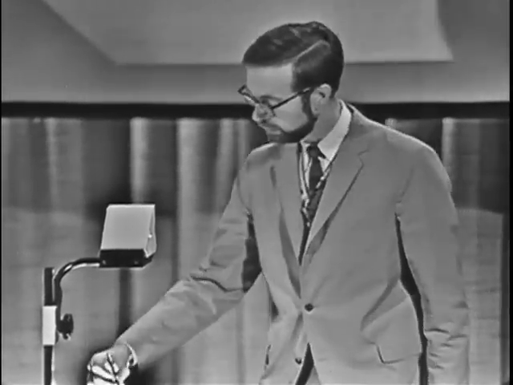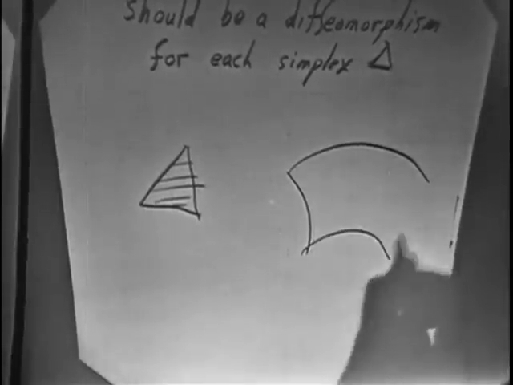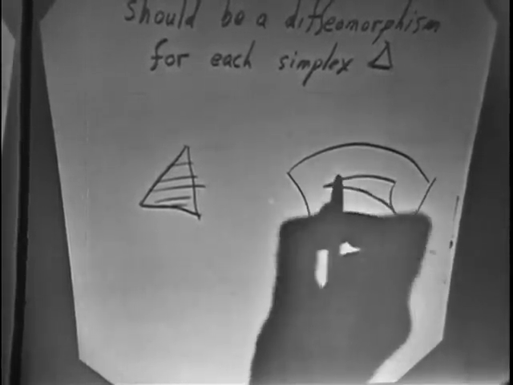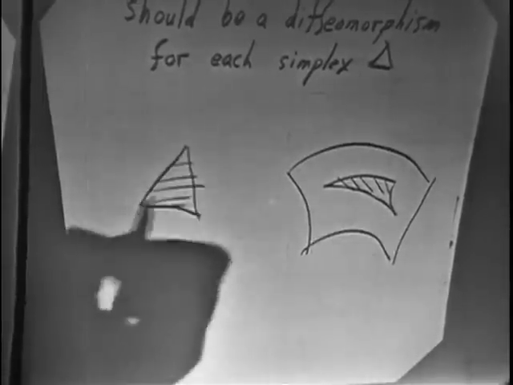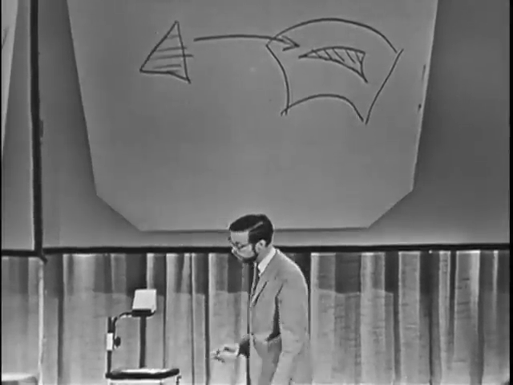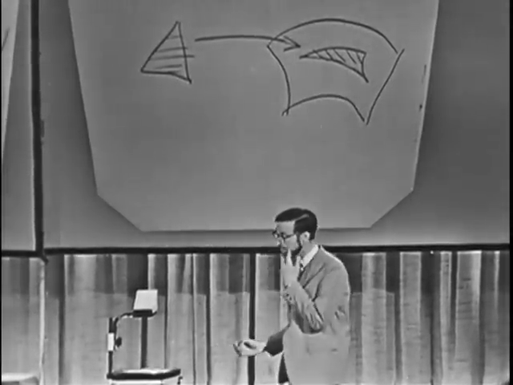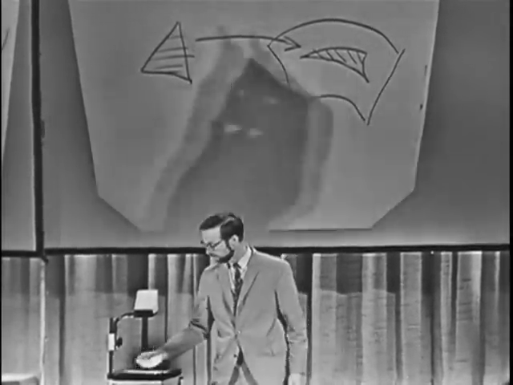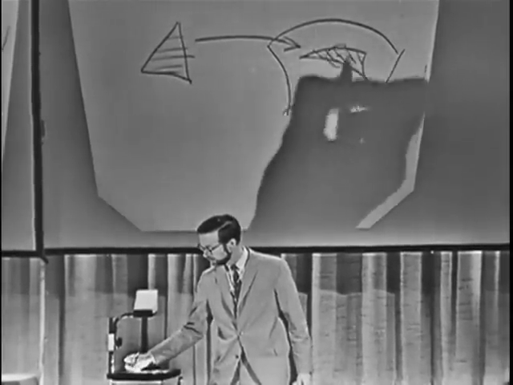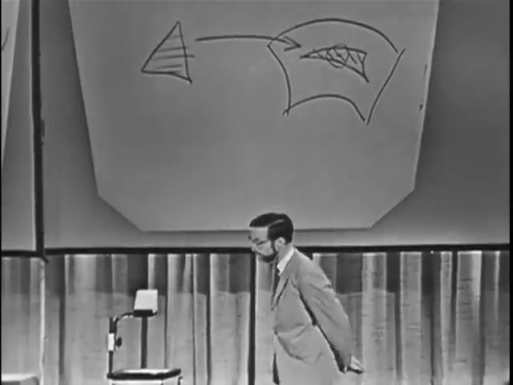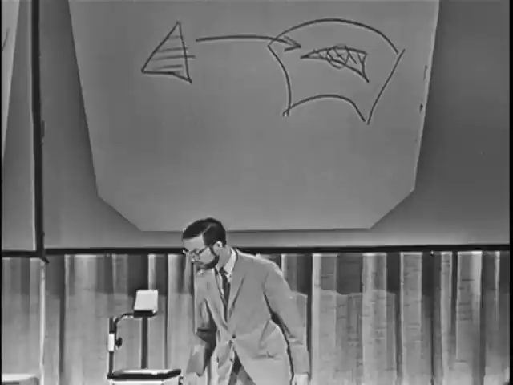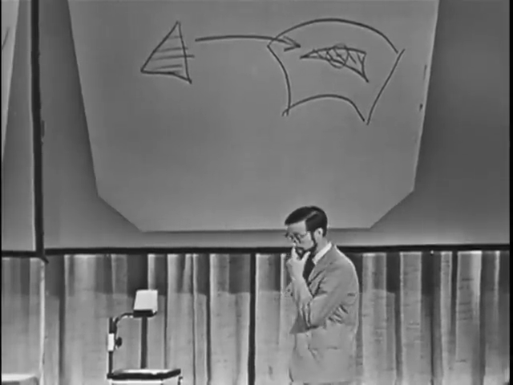Here we have a two-dimensional simplex, and perhaps here a curved two-dimensional surface, and on it a curved simplex. It still makes sense to say that a mapping which carries this rectilinear simplex onto this curved simplex should be a diffeomorphism. According to our definition, it means that both H and its inverse can be extended locally to mappings defined on small open sets, which have infinitely many derivatives.